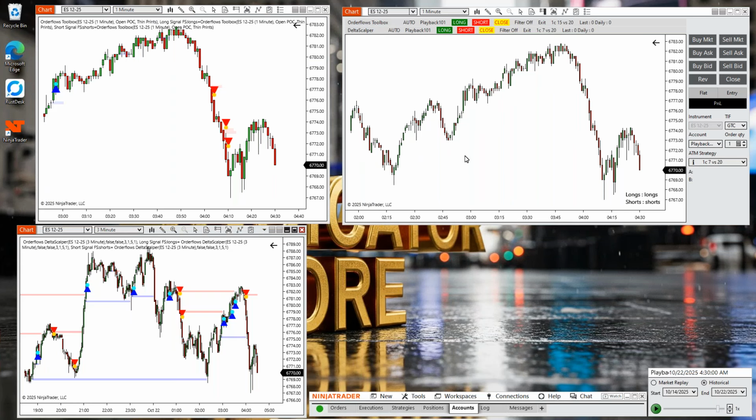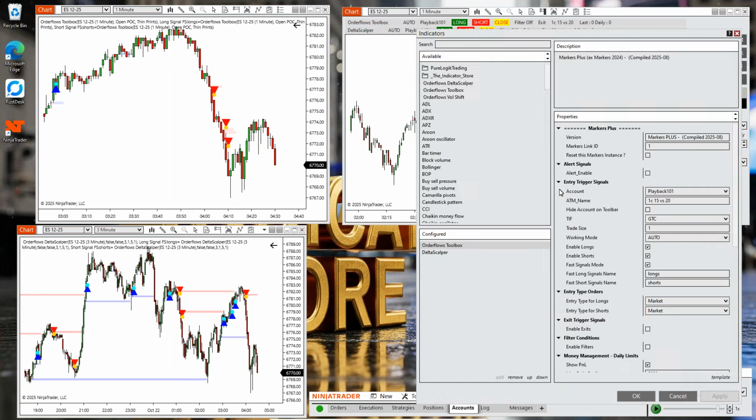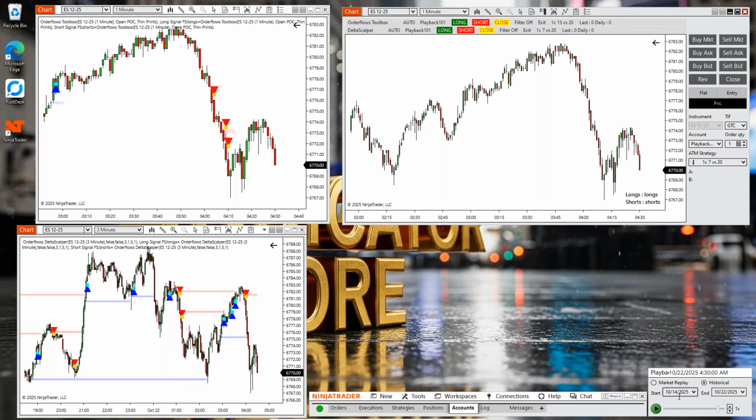And now on these markers, I have the order flows using 1, looking at longs and shorts, and the delta scalper using 2, also looking at longs and shorts, okay? And each one is using a different ATM, okay?